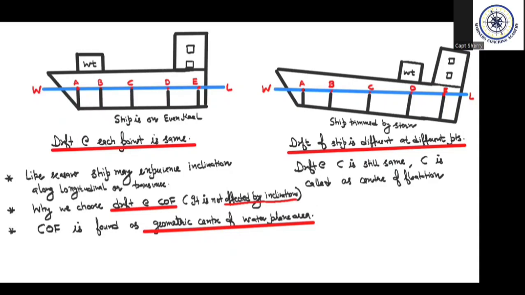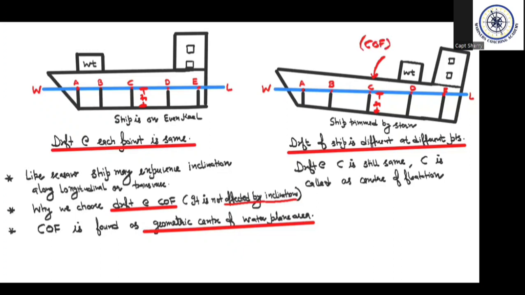But if you compare draft C, this height, it is still the same. This height and this height is still the same. It has no effect of longitudinal inclination, that is trimming of the vessel. So this point will be my center of flotation.